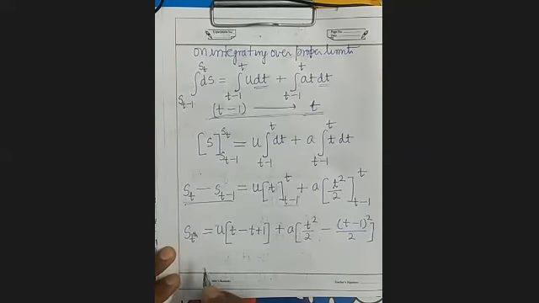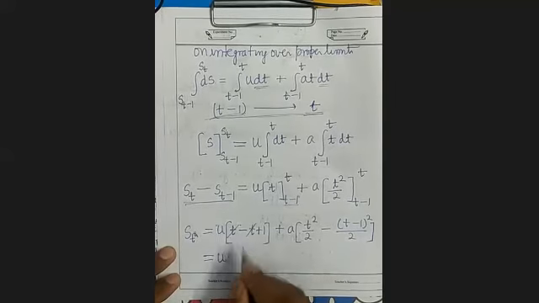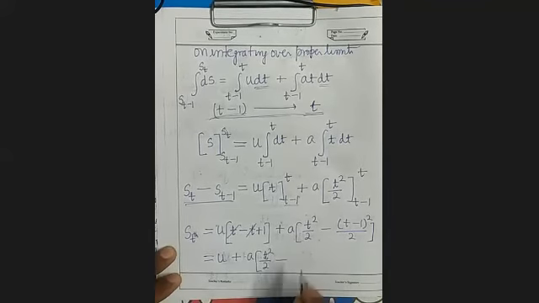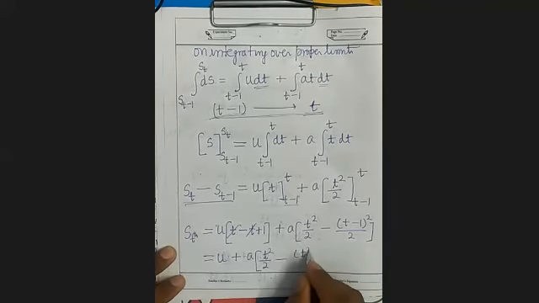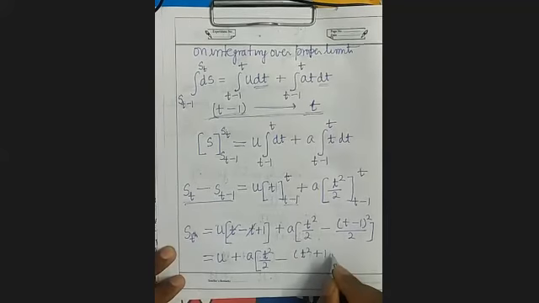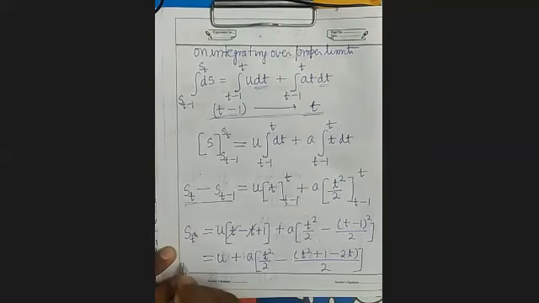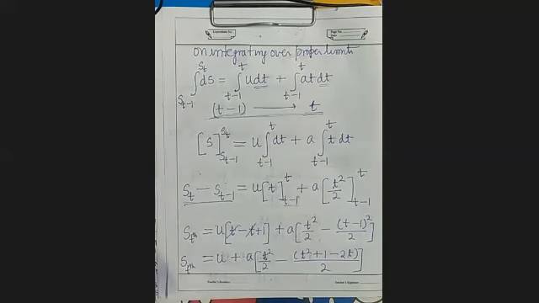So this equals u times (t minus (t-1)), where this and this cancel, plus a times t square upon 2. When you open the bracket, it is t square plus 1 minus 2t upon 2. This is S_t^th. Now simplify.